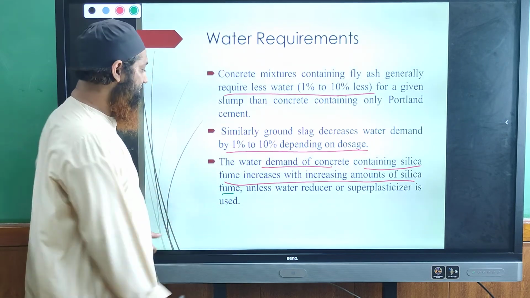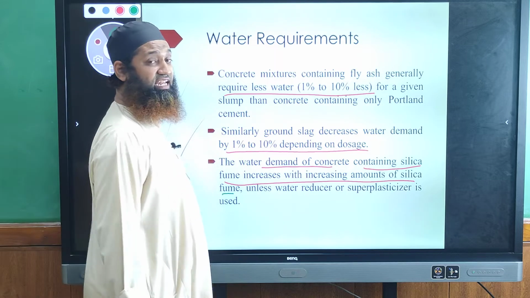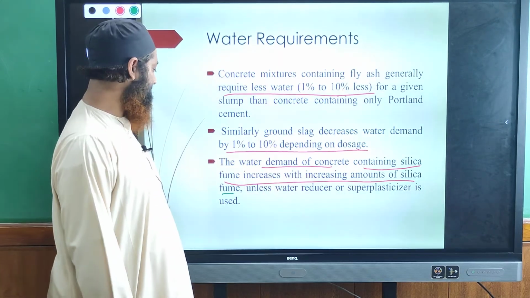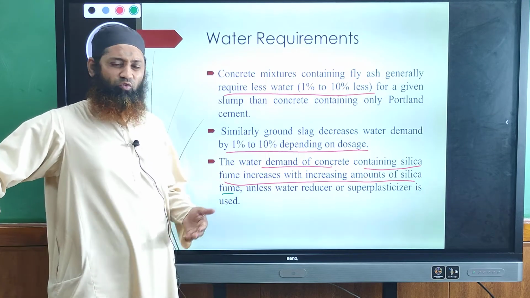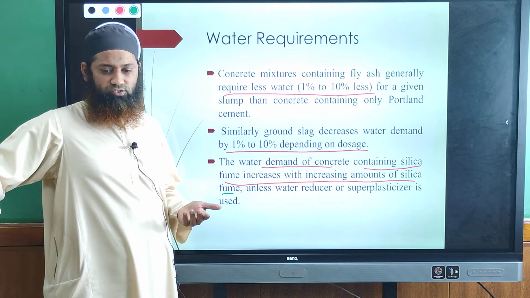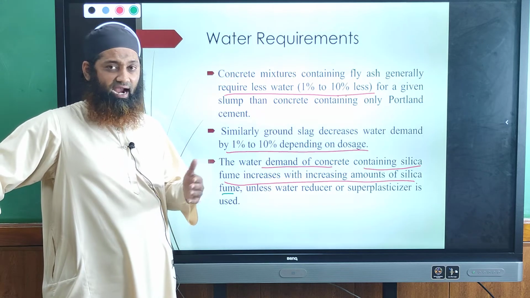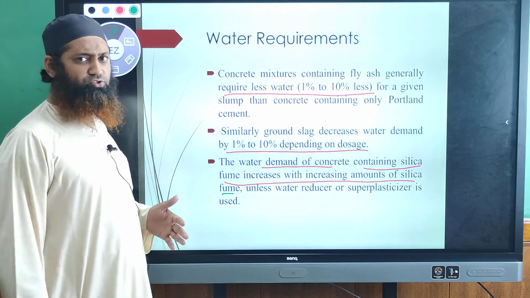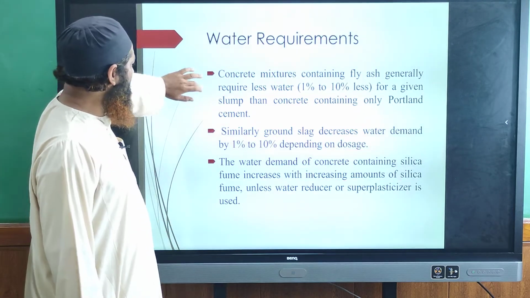Unless a water reducer or superplasticizer is used to overcome this problem. When superplasticizers are added into the mix, they reduce the water content. So we have different options to overcome this problem.